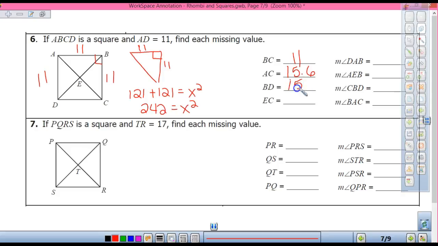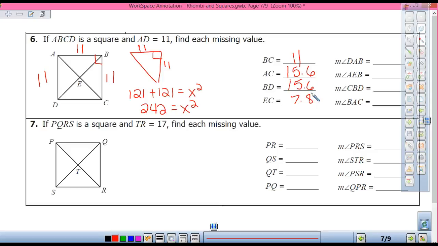Why? Diagonals are congruent. Thank you. EC has to be 7.8. Why? Diagonals bisect each other. All right.